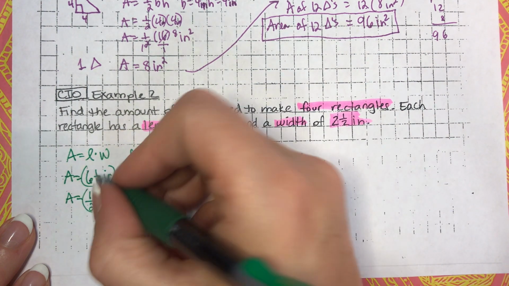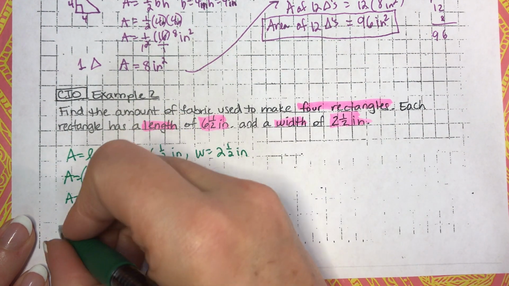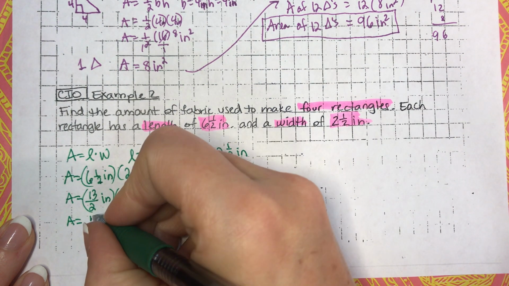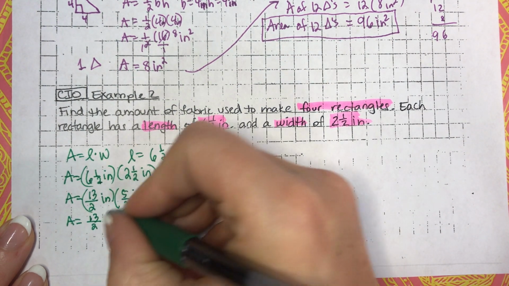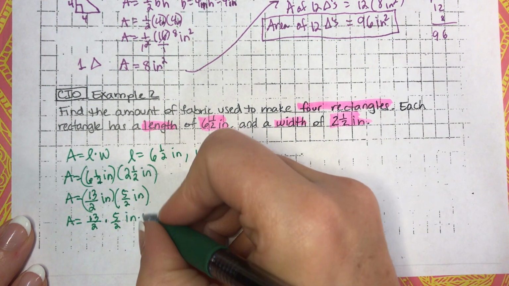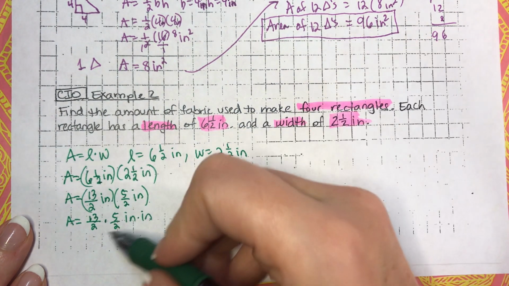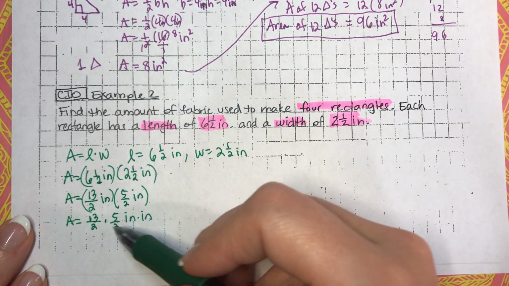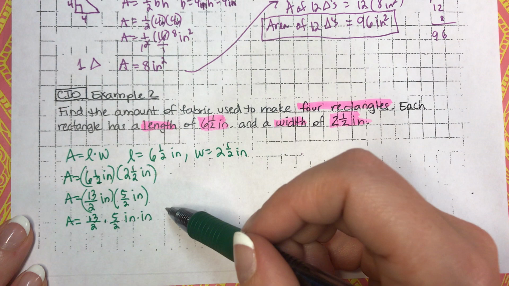And then I'm just going to regroup this, and since it's multiplication, I can do that. I'm going to put these closer together. 13 over 2 times 5 over 2, and then inches times inches. So here I'm multiplying two fractions. I look to cross cancel, but it doesn't look like I can cross cancel anything.